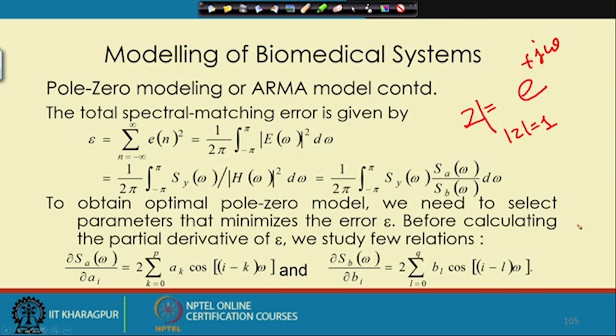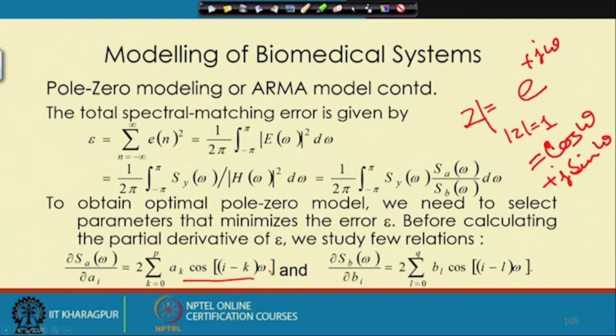e to the power minus j omega will come. This exponential can be represented in terms of cosine omega plus j sin omega. From there the cosine term comes into play here.